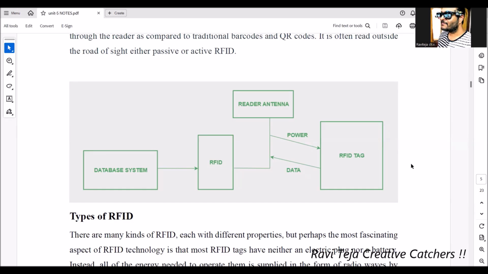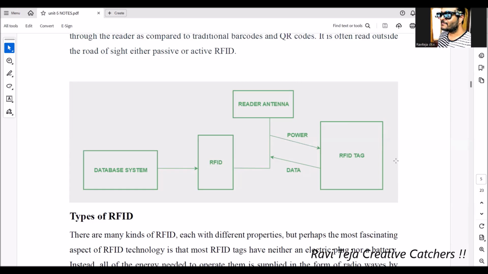This tag, which holds the ID code, can be read by the RFID reader, and based on this you can make multiple applications.